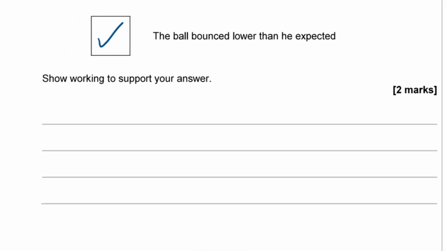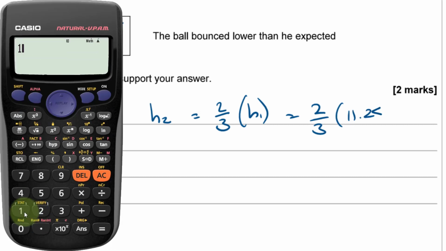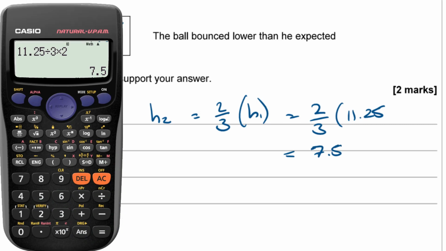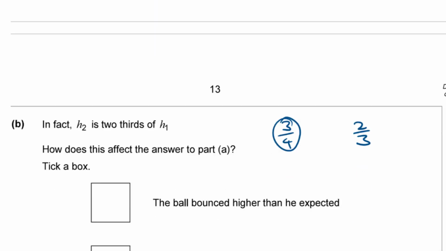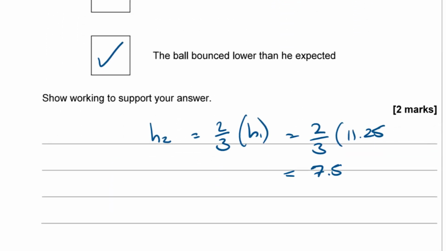So we're going to work out what H2 is now, given that it's 2/3 of 11.25, which is 11.25 divided by 3 times by 2, 7.5. So that is a little bit lower, because before we had it down as 8.4 and something, didn't we? So yeah, that is going down a bit.